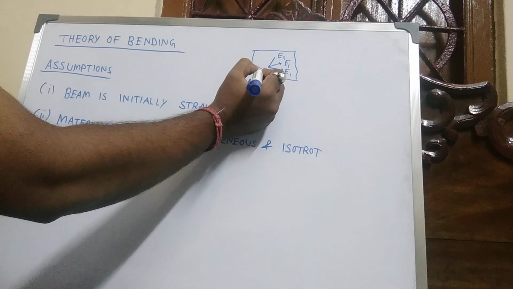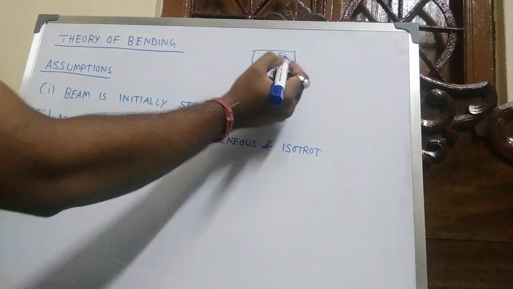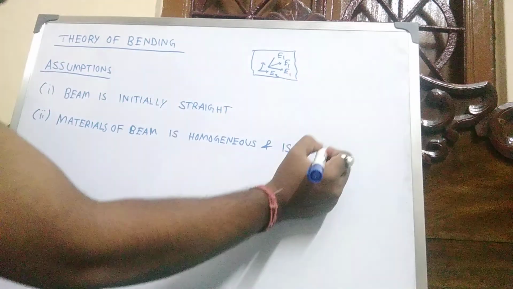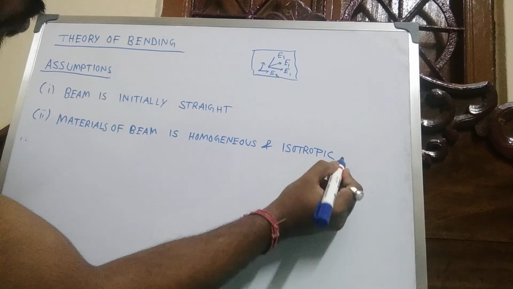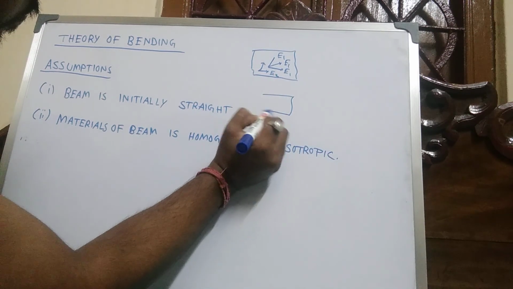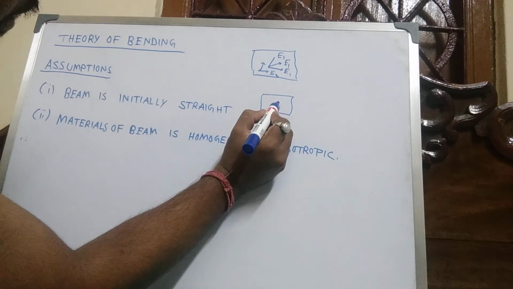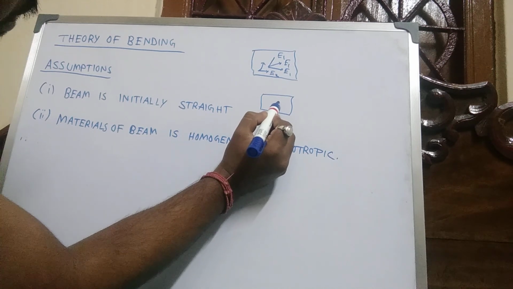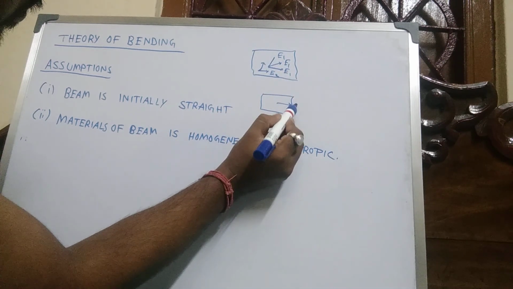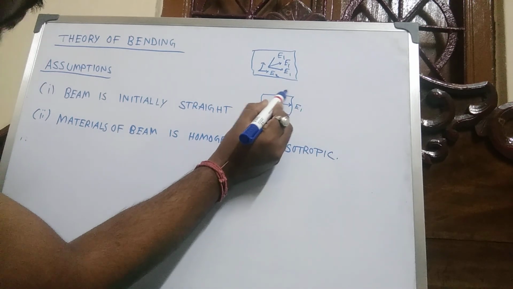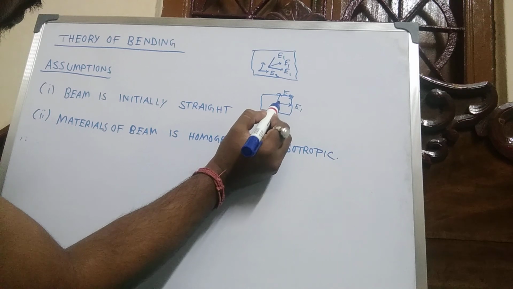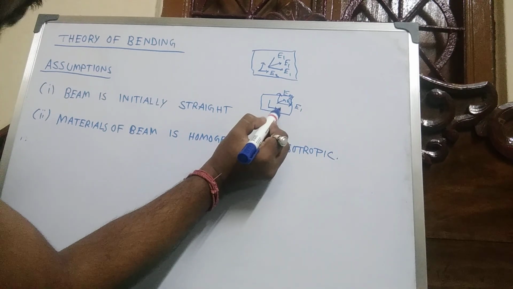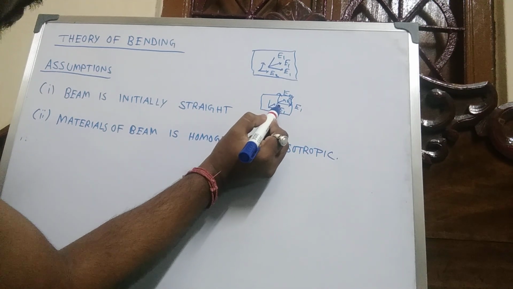Isotropic means the elastic properties are the same in a particular direction, E1, E2, E3 same, but they may differ from point to point.